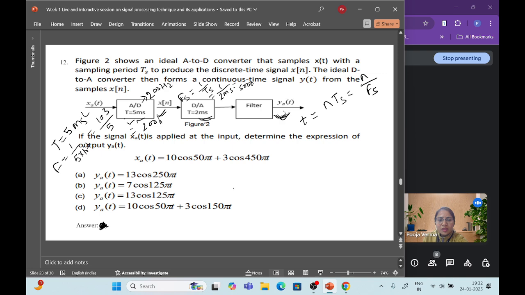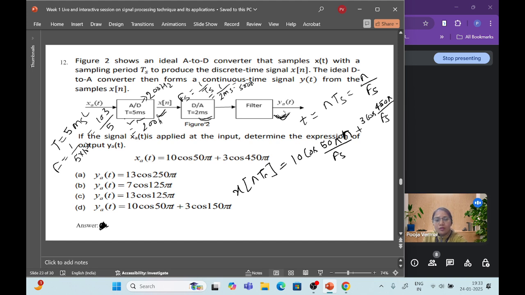So that means t is n by Fs. Just put in this equation: x of nT is equal to 10 cos 50 pi t, in place of t we have to put n by Fs, plus 3 cos 450 pi t, divided by Fs.